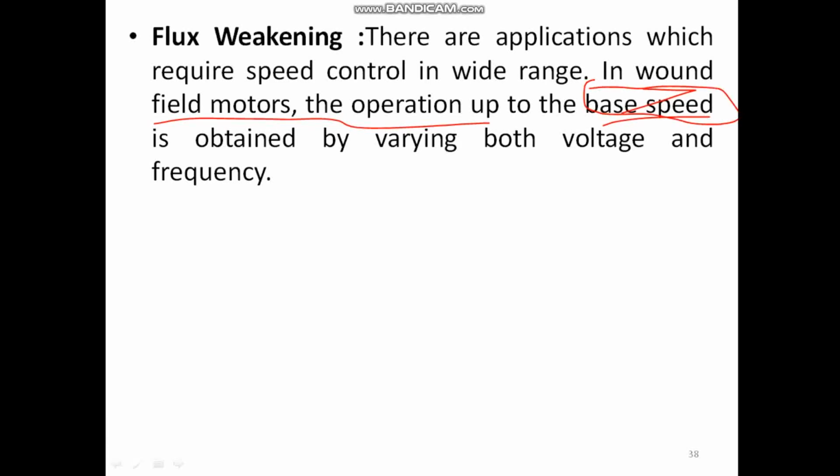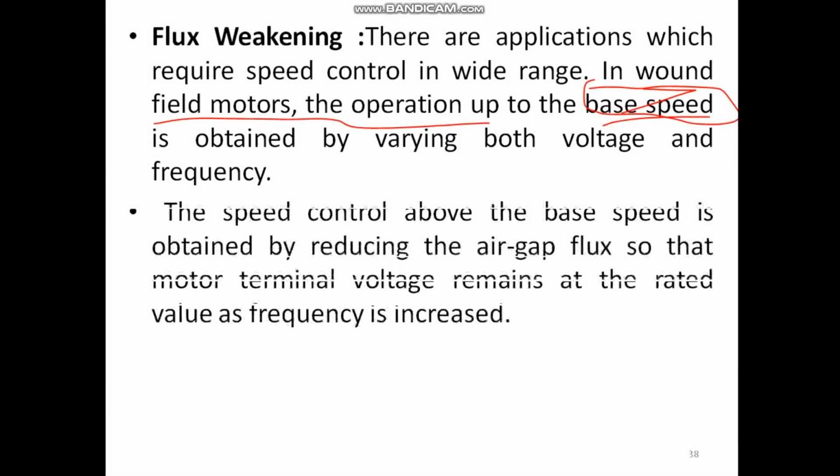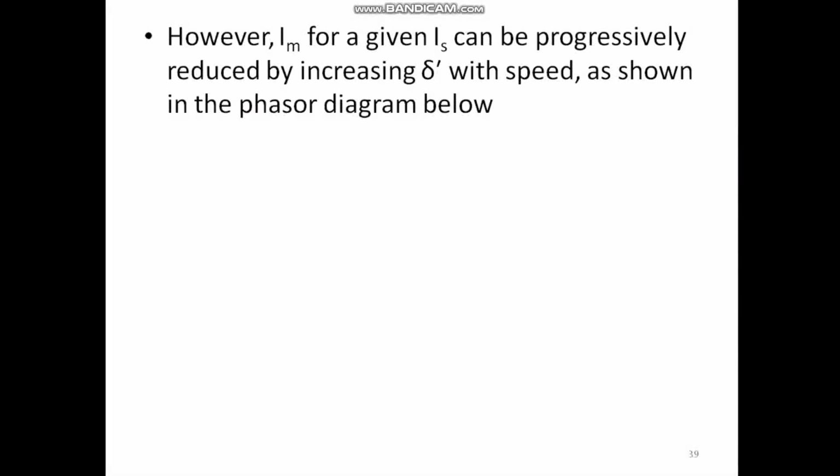The speed control above the base speed is obtained by reducing the air gap flux, the air gap between the stator and rotor, so that the motor terminal voltage remains at the rated value as the frequency is increased.